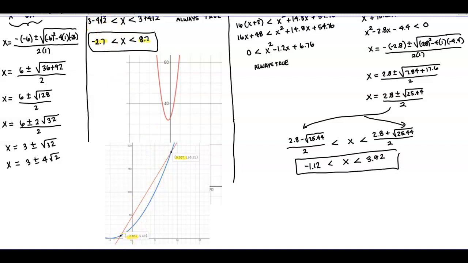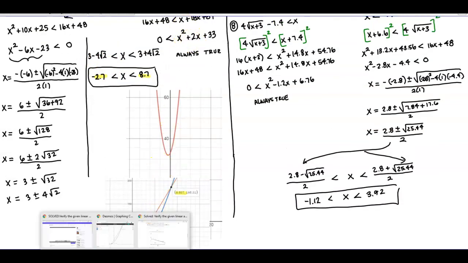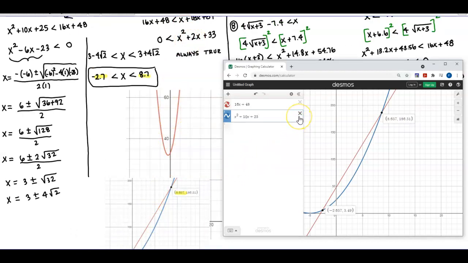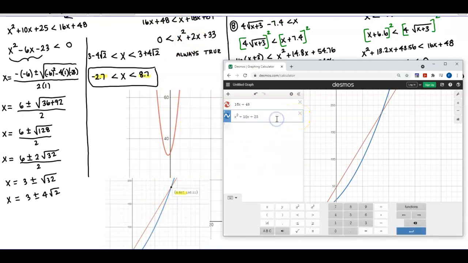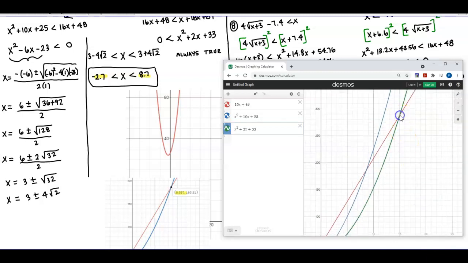So what did the other graph look like? The other quadratic function, let's take a look at that. I'm going to graph that one. So we had x squared plus 2x plus 33. If you take a look at the linearization here, we had 1, and then it crosses here.